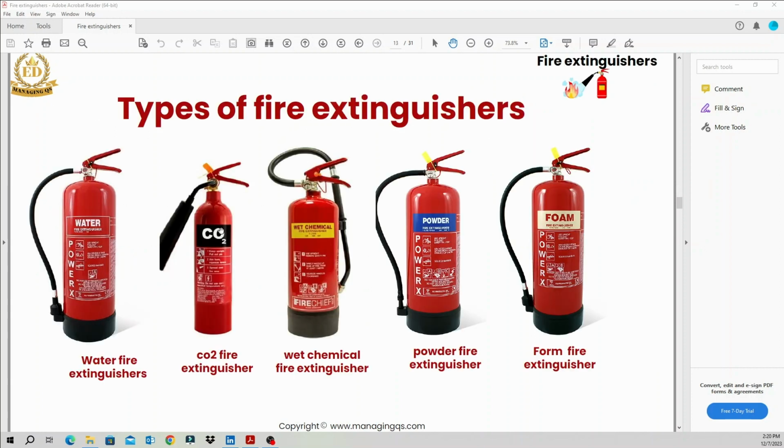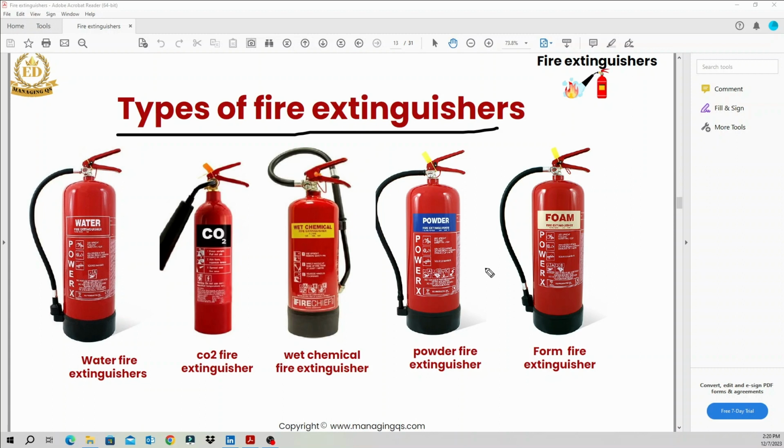So you can see a little more explanation about these fire extinguishers. I will show 5 types of fire extinguishers. They are normally used inside the building and sometimes outside of the building also.